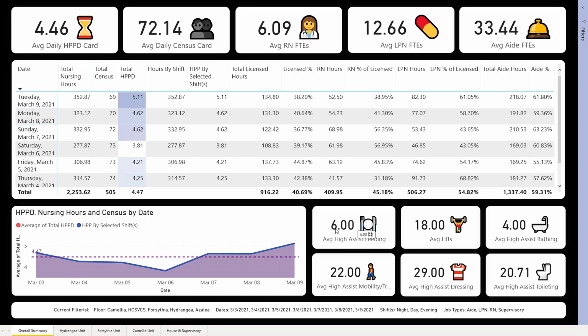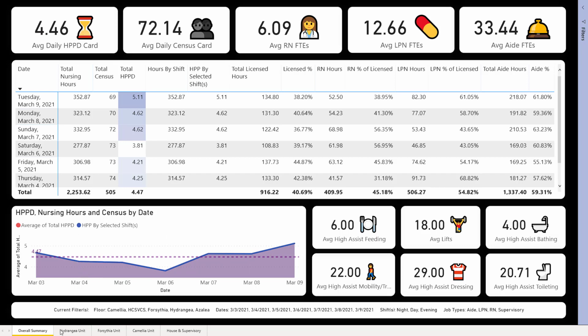You've got 6 residents at two-person assist, and so on and so forth. This bottom left will give you your trend line over those 7 days of where your HPPD is tracking, and can give you a sense for your down days and your up days. And then the dashed line is your average over that 7-day period.